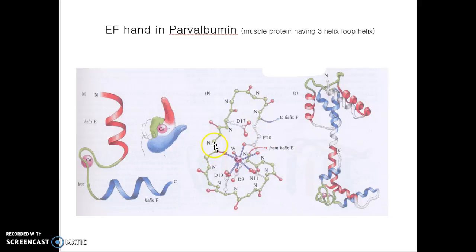In addition, there are some main chains. The peptide bonds also contribute in binding. In C, this is troponin C, present in muscle, which binds calcium reversibly, as you see here.